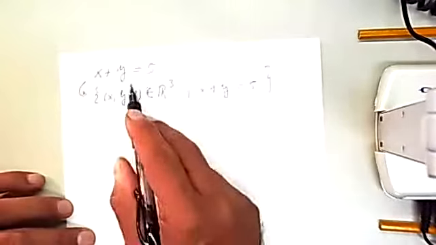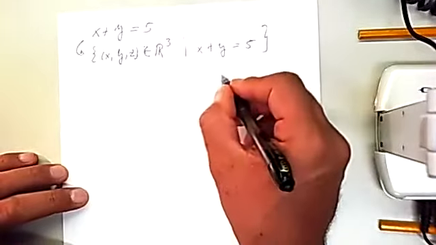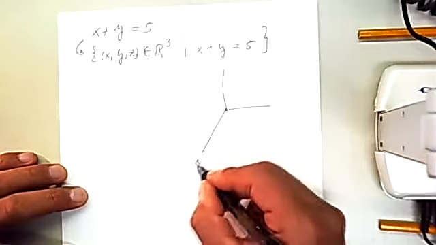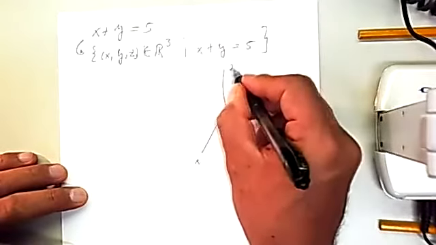So this equation as a three-dimensional plane would be, okay, there's the x-axis, y-axis, z-axis.